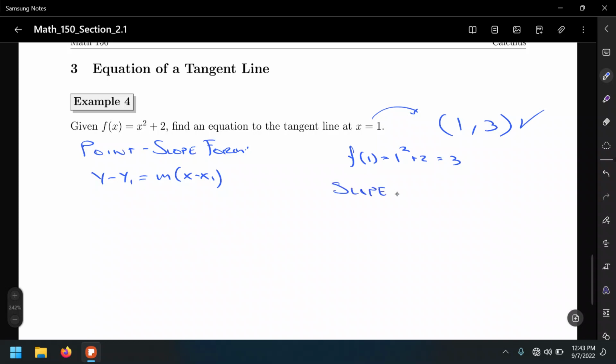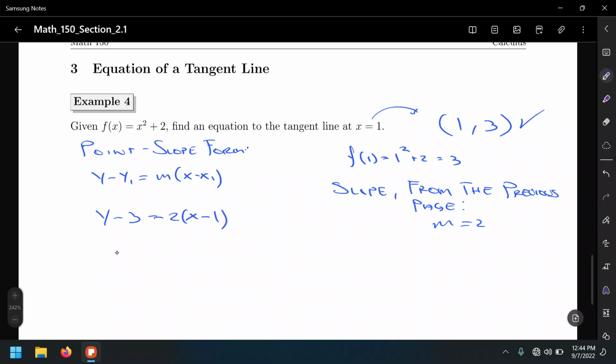the slope from the previous page, what did we get for the slope for this? M equals 2. So we're ready to get the equation. y minus 3 equals 2 times x minus 1, and let's just solve for y in this case.